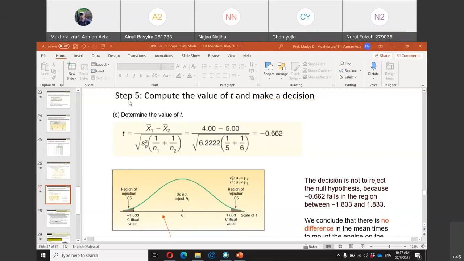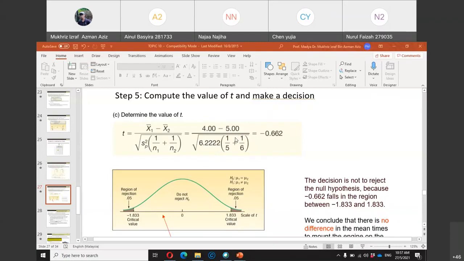You cannot put in your H1 Wallis not equal to Atkins, but in step number 5 do the other calculation, Atkins minus Wallis. That is wrong. If you write your H1 as Atkins not equal to Wallis, then it would be Atkins minus Wallis as well. So the sequence must be consistent.